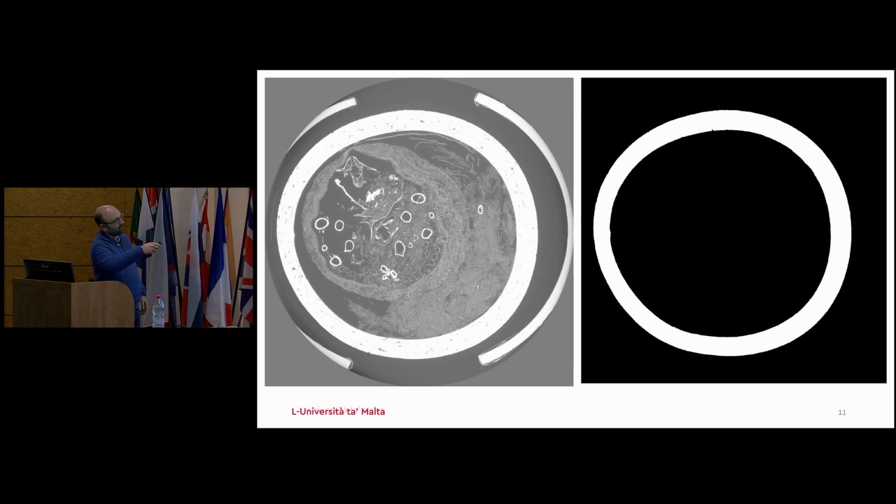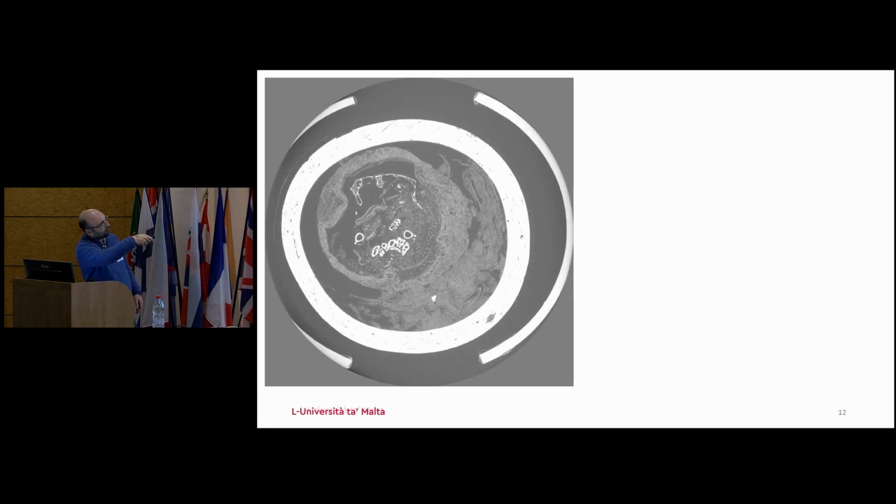So for example, here we see the terracotta, and the human would say, this is what the terracotta is. And that can be drawn either by a pen or something. Then you move on to a slice that's further along, and the computer has to guess where the terracotta is.